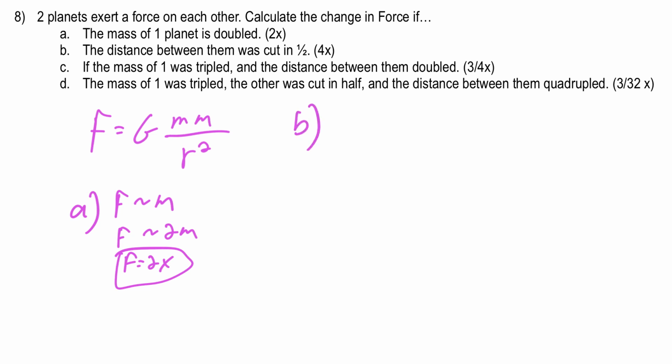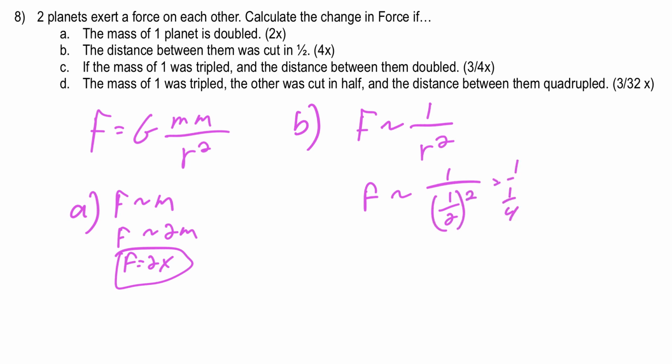That's kind of all you do, honestly, on these. The distance one's a little bit tricky. So we say, F is proportional to 1 over the distance squared. So when you plug this one in, we're going to go 1 over 1/2, right? So 1/2, but then we're going to square that out. So that's 1 over 1/4, or 4 times.